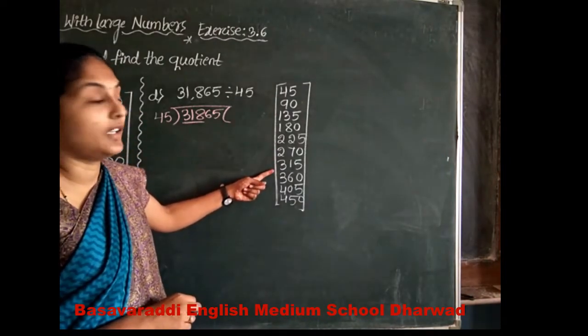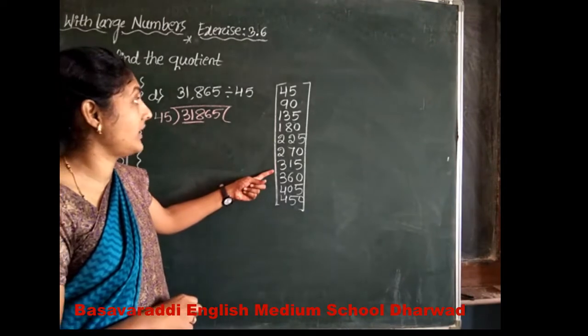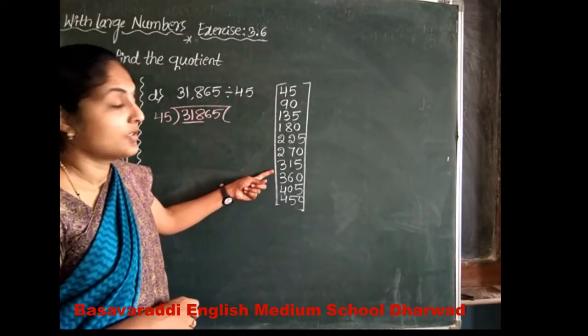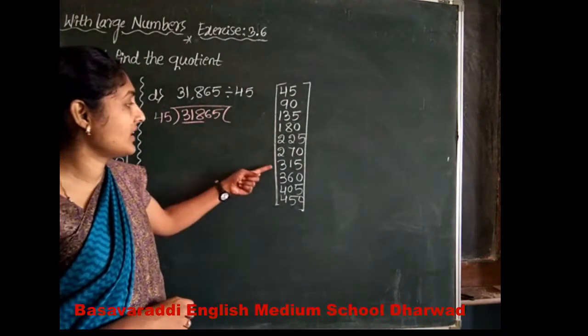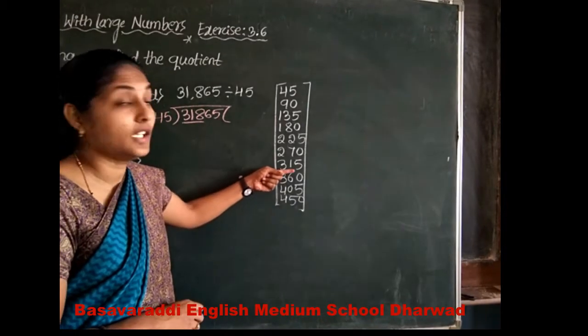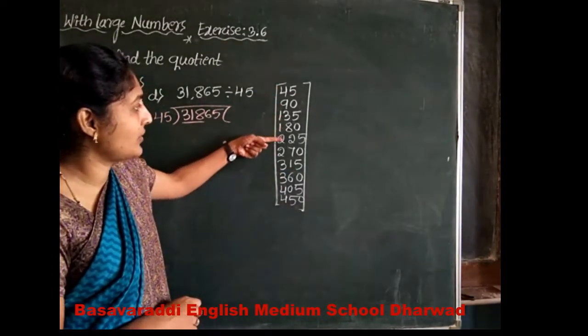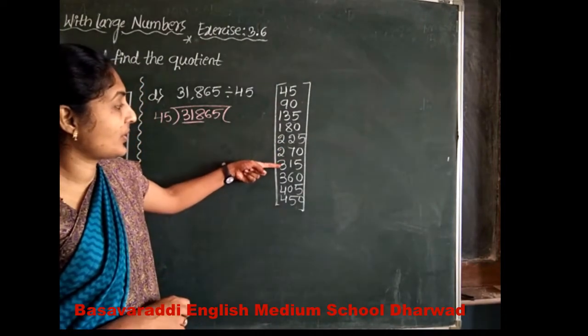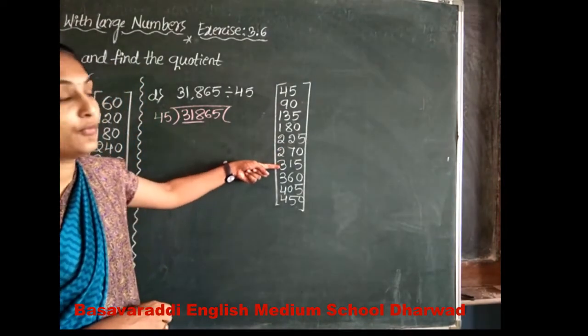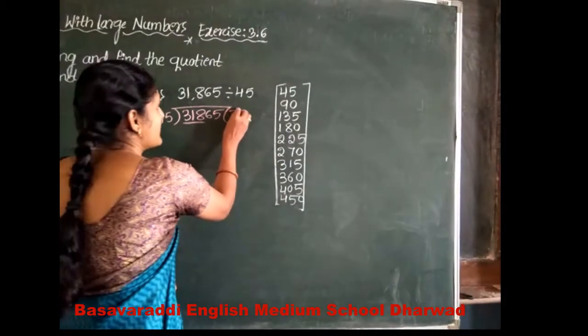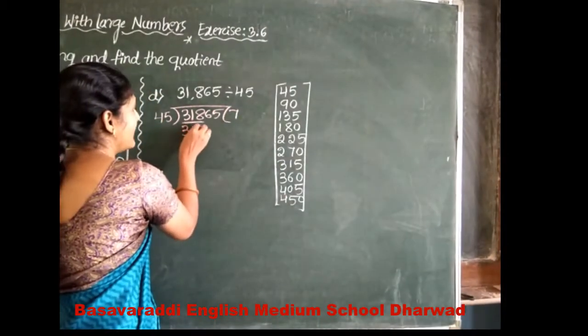No, there is no 318 in the 45 table. The nearest smaller number is 315. So 1, 2, 3, 4, 5, 6, 7: 45 sevens are 315.